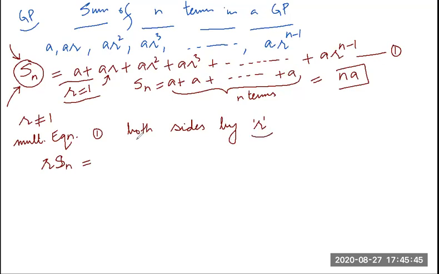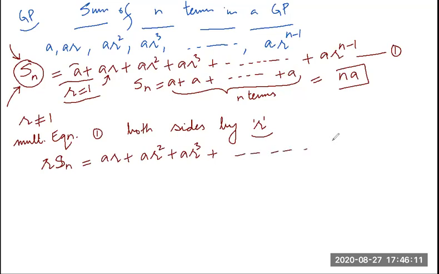So Ishma, what will be the first term after we multiply each term by R? What will be the first term? AR. What will be the second term? AR square. Third term? AR cube. Very good. So many terms, students.